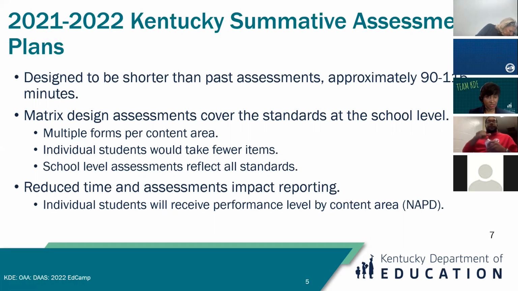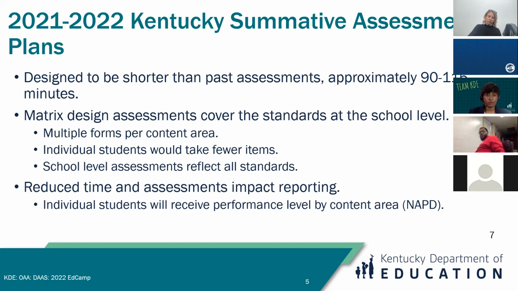What this means for the students is that different students will have different forms, and they will have fewer items, but they will be distributed in such a way that all of the content for the standards are covered. I want to make sure we understand that. So at the school level, assessments will reflect all of the standards. So we'll be in compliance with that. And this matrix design allows us to have the flexibility of doing that.